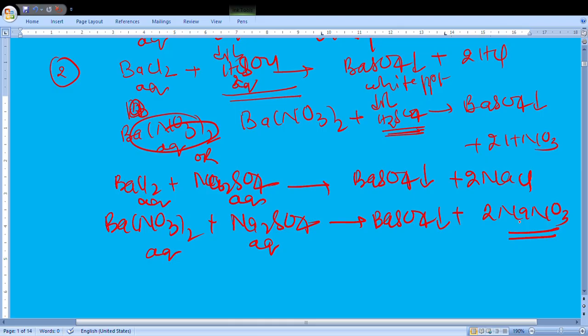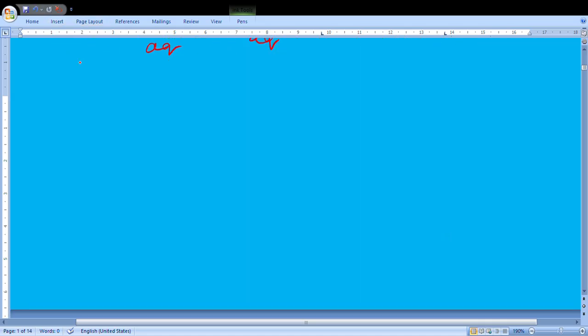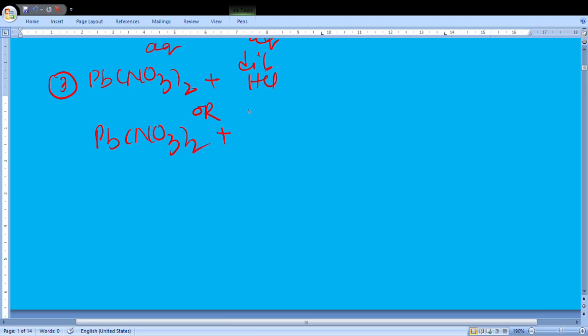Now we are going to prepare lead salts, starting from Pb(NO3)2. This is the third part. Plus dilute HCl, or Pb(NO3)2 plus NaCl aqueous. So you will take 2HCl and 2NaCl.